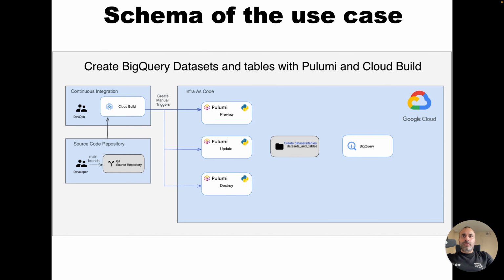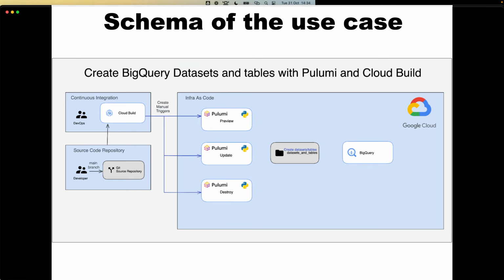The Pulumi update corresponds to a Terraform apply, and the Pulumi update really creates or updates the infrastructure in the dedicated and expected cloud, here Google Cloud. The use case is simple here, and at the end we will create the list of datasets and tables in BigQuery.